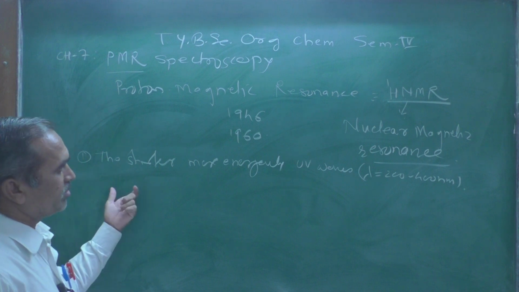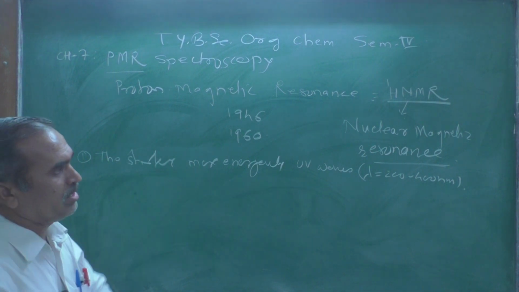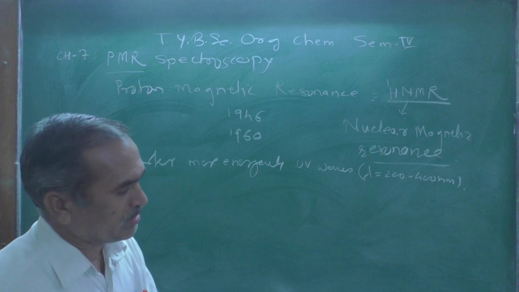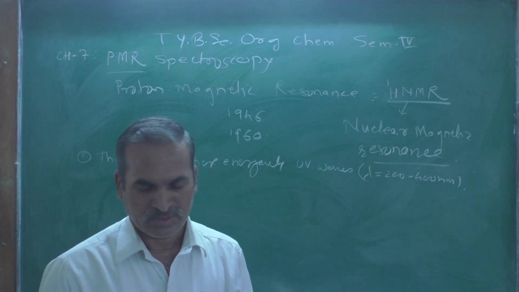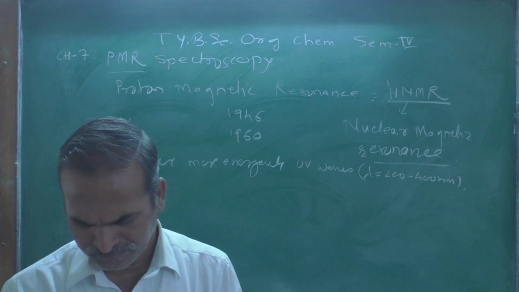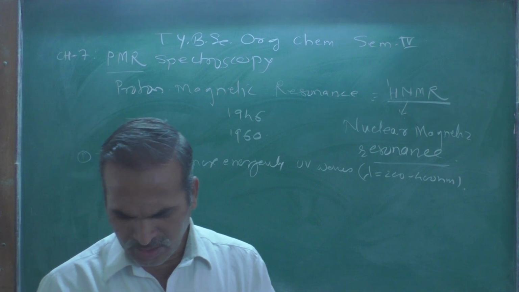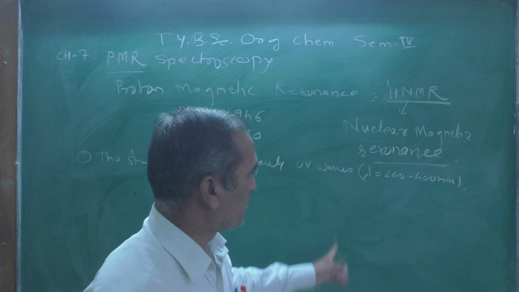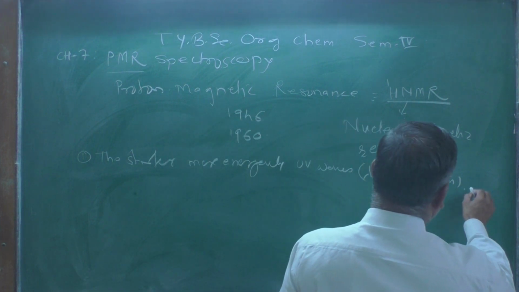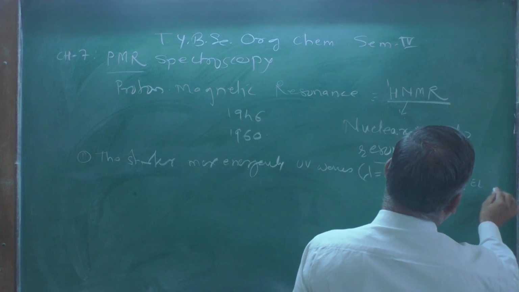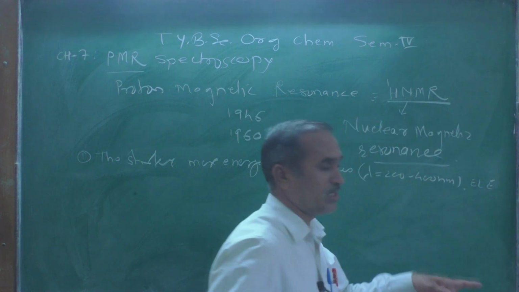This is the shorter, more energetic UV waves that affect the energy level of the electron.